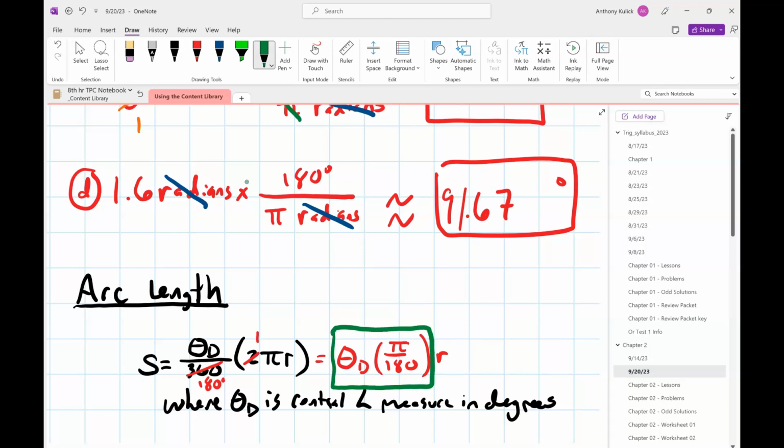What do I get when I take an angle measured in degrees and multiply it by pi over 180?